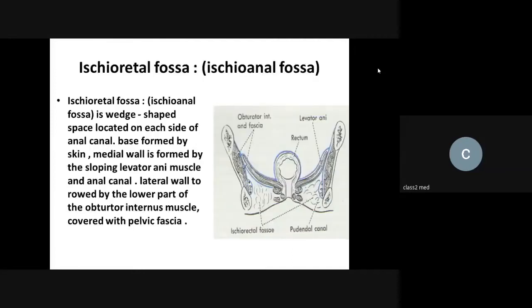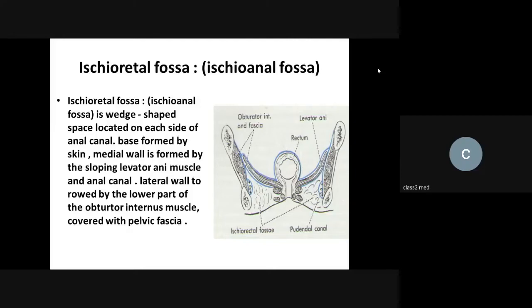The ischiorectal fossa or ischioanal fossa is a wedge-shaped space located on each side of the anal canal. The base is formed by the skin.